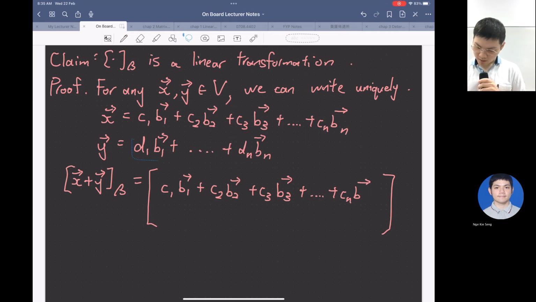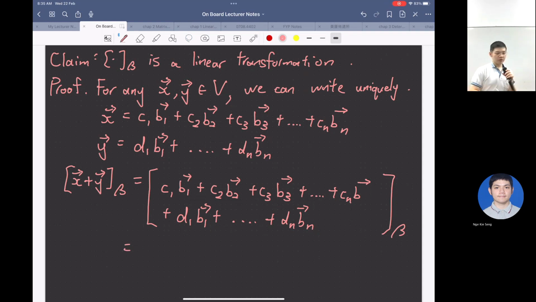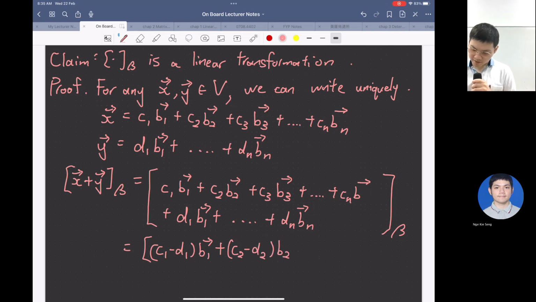Then we add them. When we do this, we can do factorization, right? We can factorize the coefficient for B1. Remember from just now, we said that in factorization there's some kind of basis behind it, so we are actually combining the coefficients of the basis.